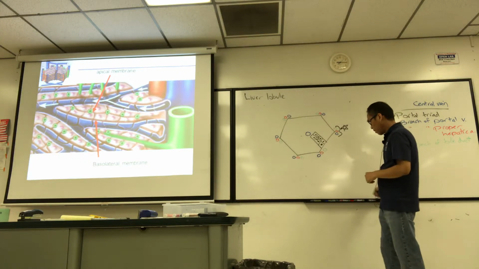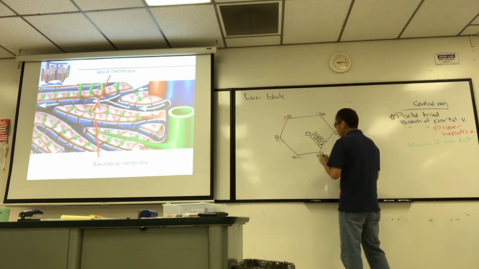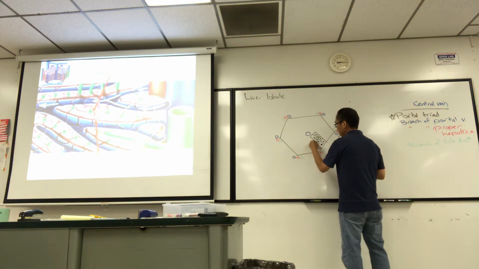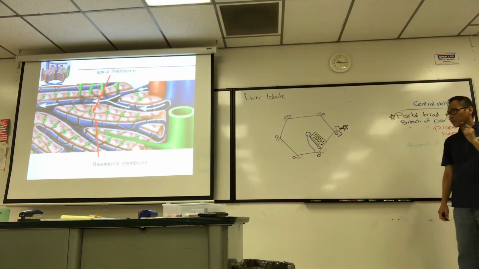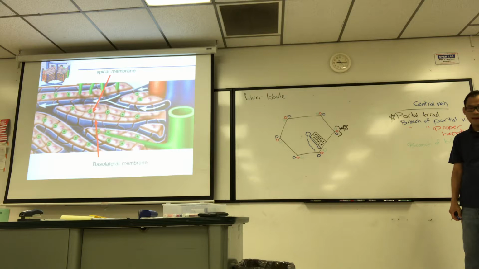There's these structures called liver sinusoids. They're blood vessels that are going to drain to the central vein. And they're going to receive blood from the branch of portal vein and branch of proper hepatic artery.